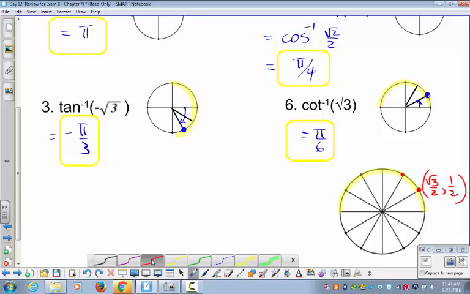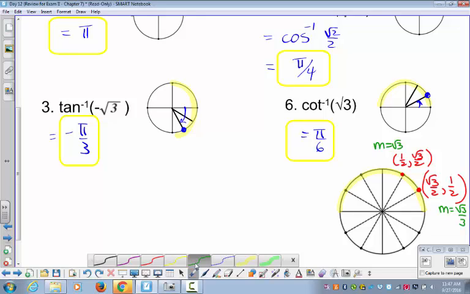This ordered pair here is 1/2, root 3 over 2. And the slope of this one is y divided by x, and that's going to be 1 over root 3. If we rationalize that denominator, it's going to be root 3 over 3. The steeper one here is going to have a slope of root 3, and that's the tangent value.